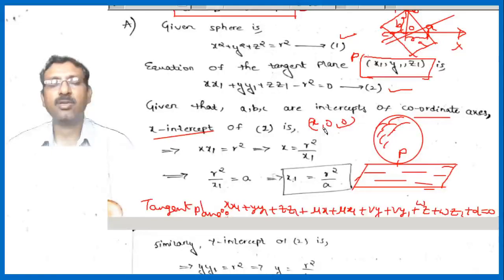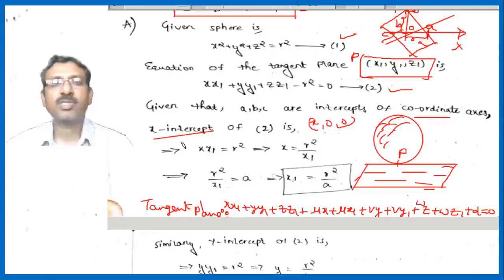Similarly, to find the intercept on the y-axis, we substitute 0, y, 0. Similarly, for the intercept on the z-axis, we substitute 0, 0, z and find the x, y, z values.